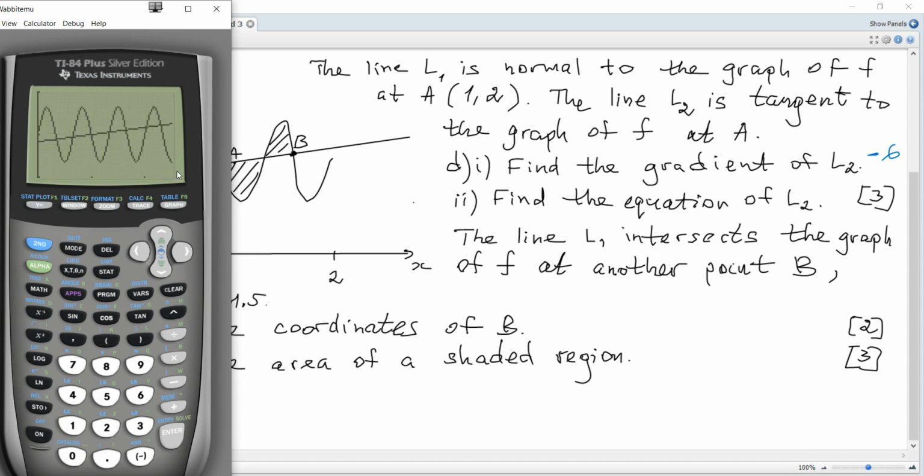Let x go to 2 to be more clear. And you can see that B is here, this one. Then we need the point of intersection.